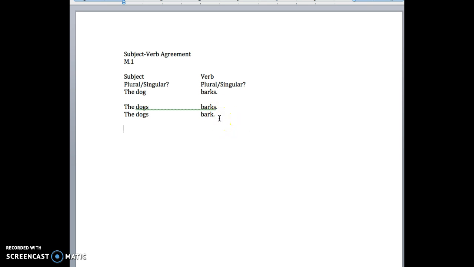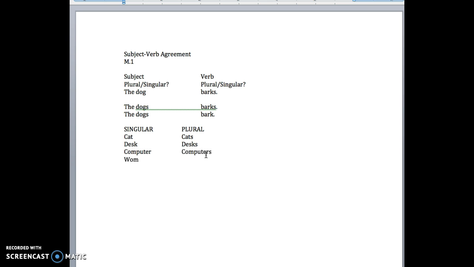And what do I mean by conjugate? For a noun, singular meaning there's one, plural meaning there's more than one, typically we just add an S, right? Cat, cats, desk, desks, computer, computers, and so on.